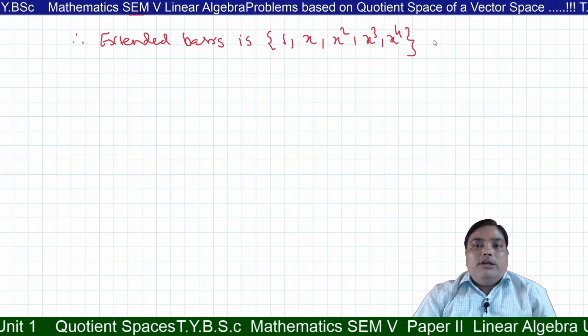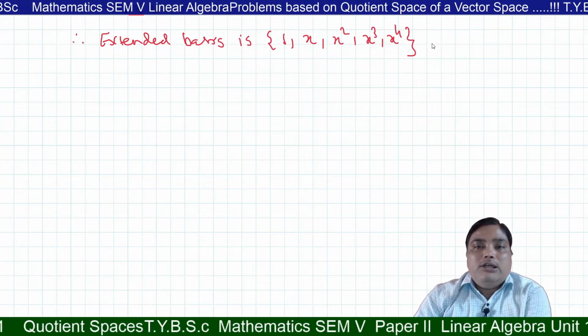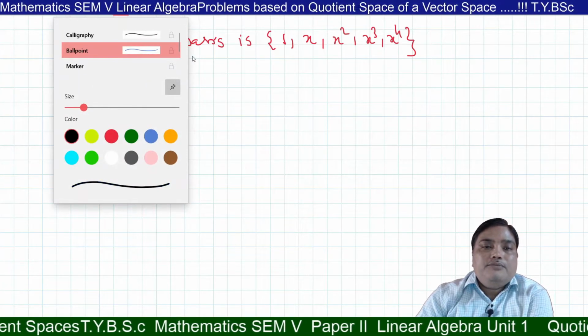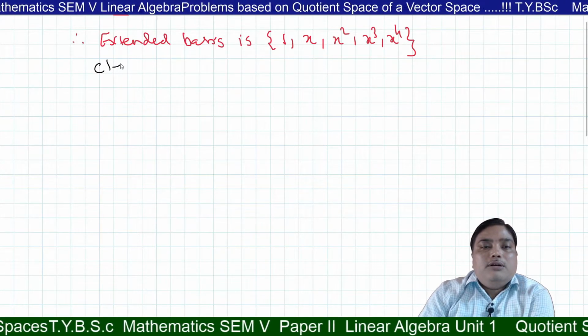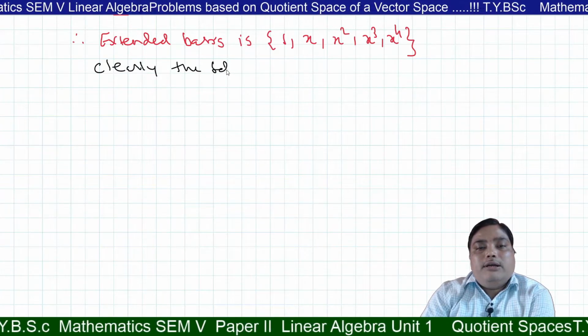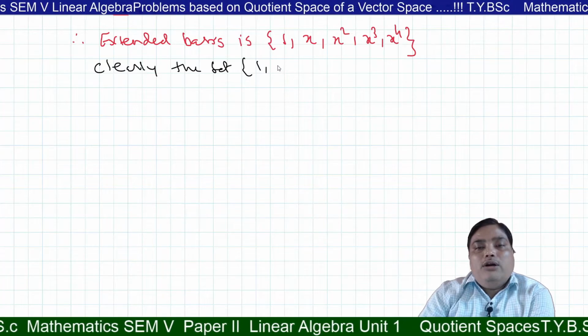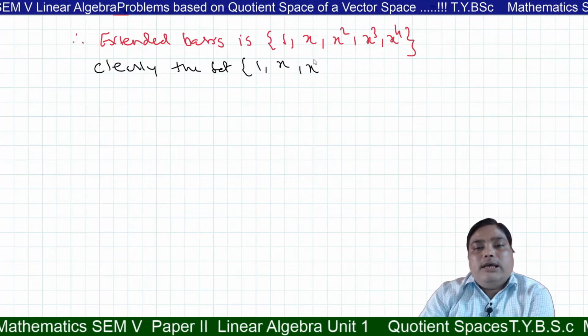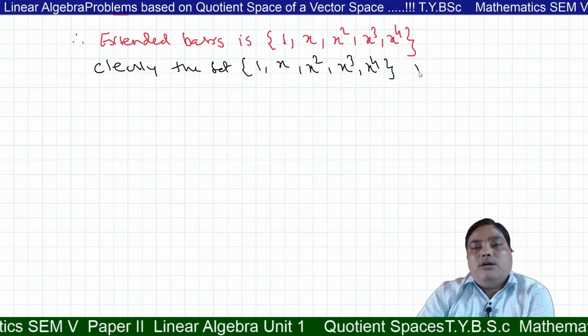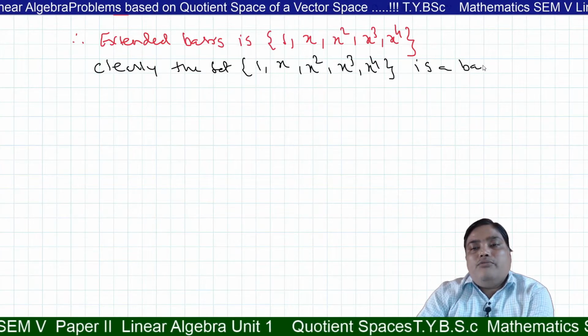Clearly this is linearly independent, one can check easily. So clearly this set 1, x, x square, x cube, x raised to 4 is a basis of V.